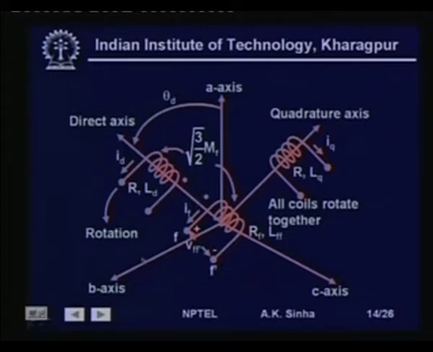So, this is what happens when we have transformed the ABC stator coils into a dq0 frame of reference, where we get two coils, one in direct axis, one in quadrature axis, and of course, the third one representing the 0 sequence, which we do not consider when we are working on a balanced 3-phase system.